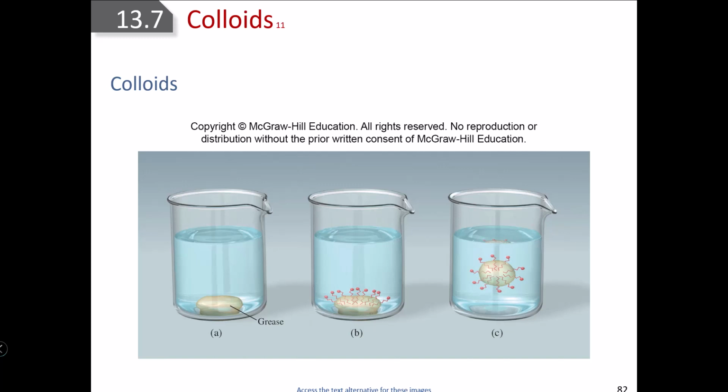Grease, the micelle. So you have grease on your hands, Dawn dishwashing detergent. That's what it does right there. The non-polar end sticks to the grease. The polar end is out here. Eventually it takes off. You get a nice sphere because this doesn't want to come in contact with the water. The grease being non-polar doesn't want to come in contact with the water.